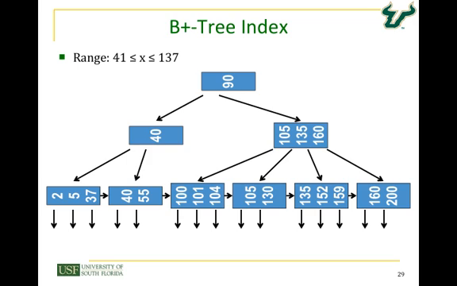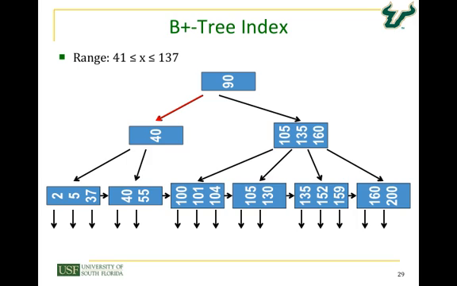Now I could also do ranges this way. If I wanted to find whatever is between 41 and 137, I really only have to go one way, the less-than side. I'm looking for 41 to start out with. Is 41 less than 90?